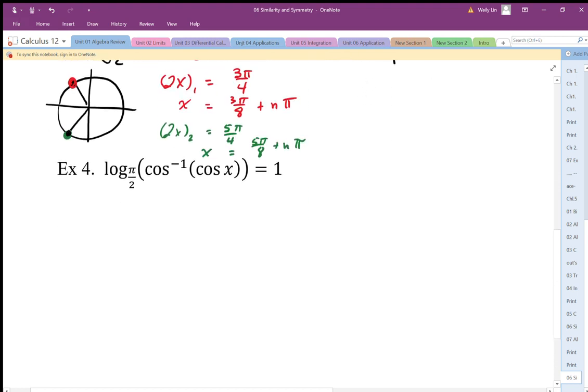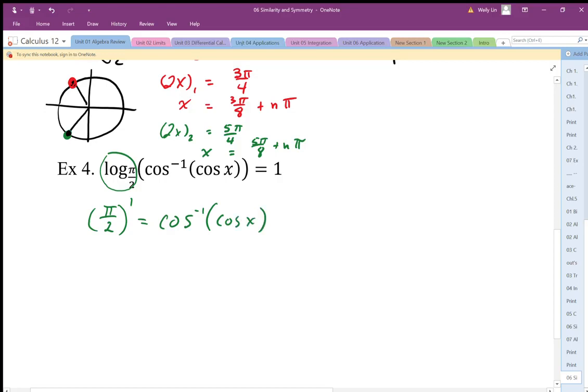So last one here, we want to undo these different functions. We're going to undo the log. We're going to use an exponent to undo the log. So exponent 1 base pi over 2 is equal to cosine, arc cosine of cosine x.